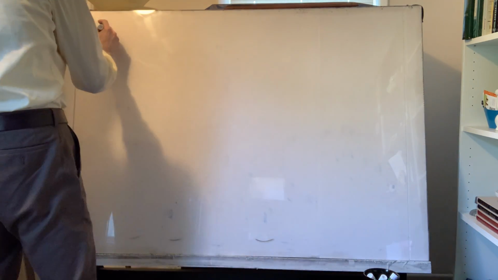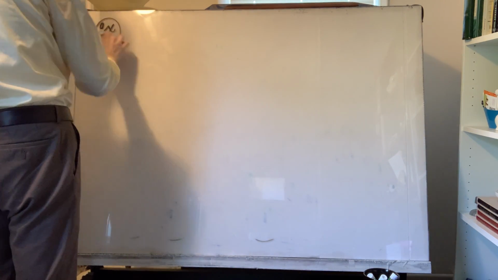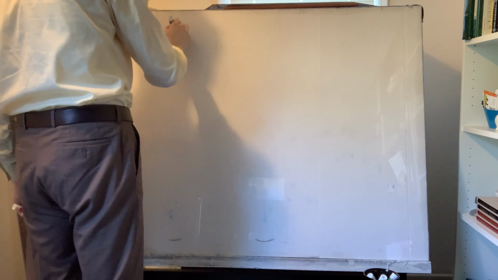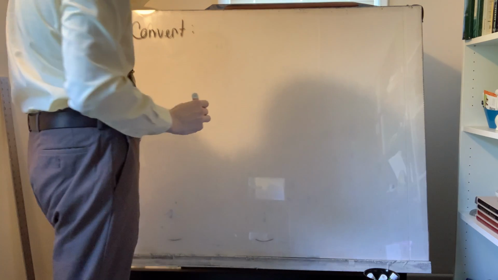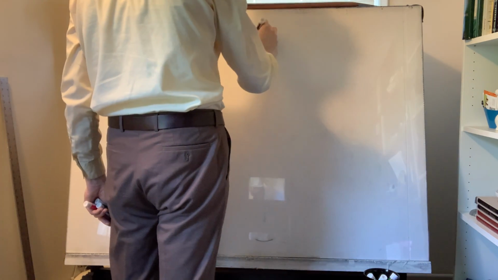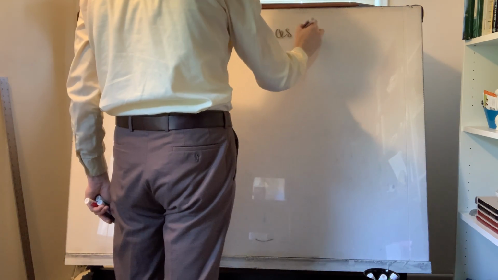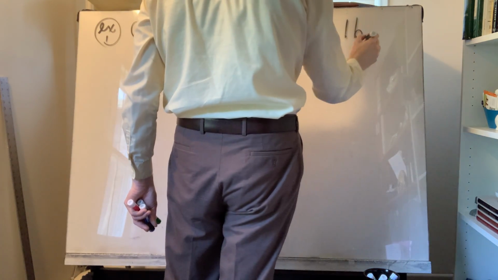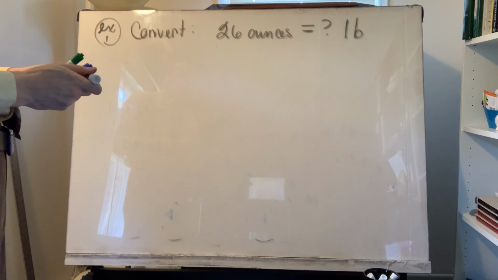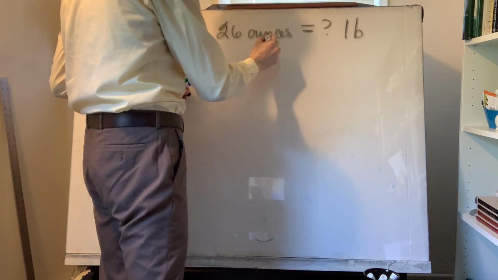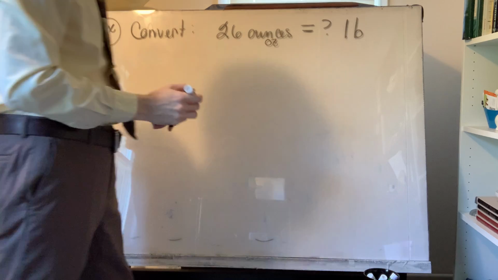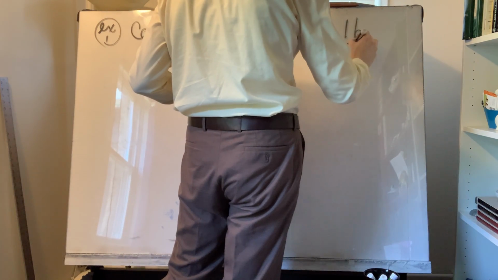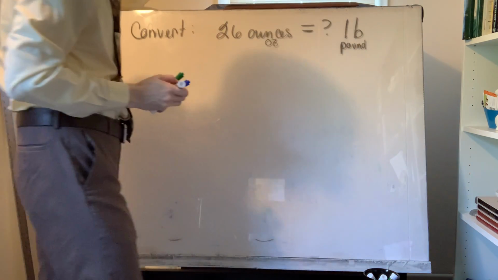What would be technically example 1 in that packet is asking us to convert 26 ounces to so many pounds, lb. Remember, ounces is abbreviated OZ, and lb stands for libra pondo, so pound. I don't know why it's written that way, but so be it.